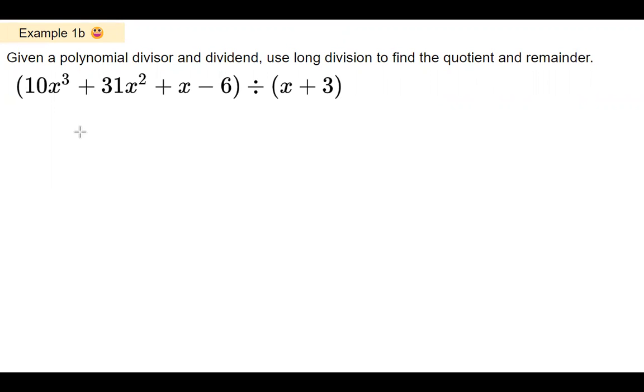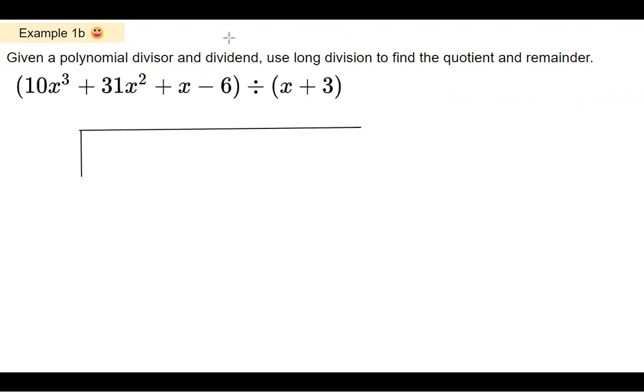Let's go ahead and draw it. What do I write inside? 10x to the power of 3, 31x to the power of 2, plus x minus 6. What goes outside? What's my divisor? x plus 3. We only have 2 terms in this case. Okay, perfect. Now, what do we do next?